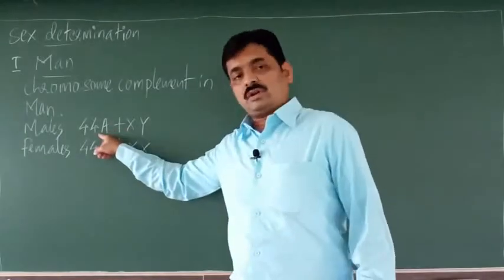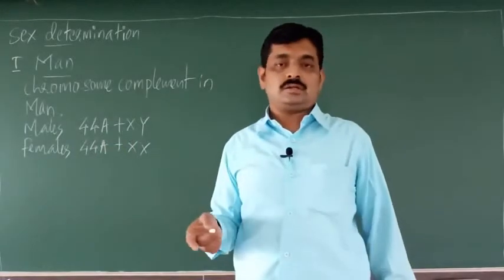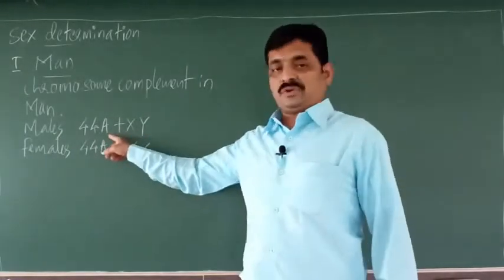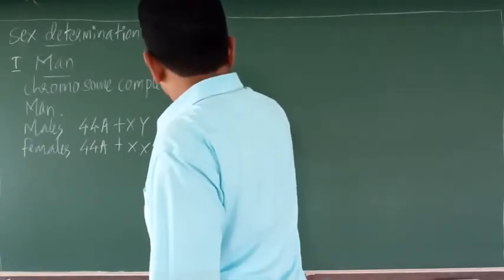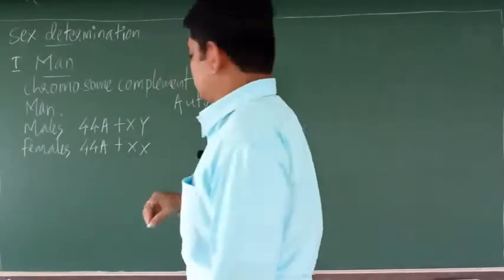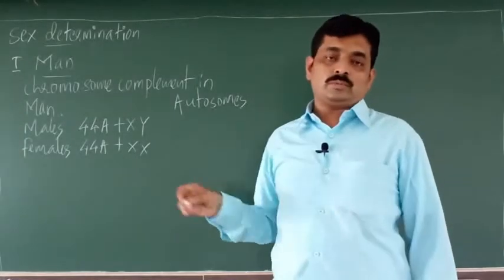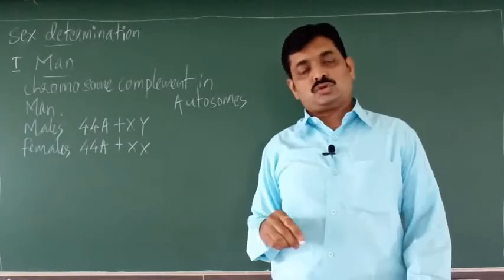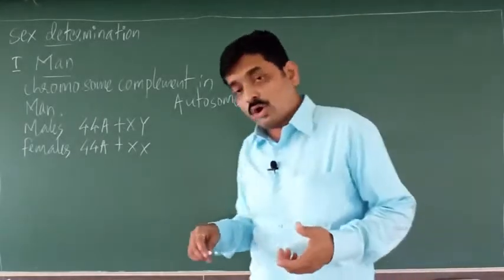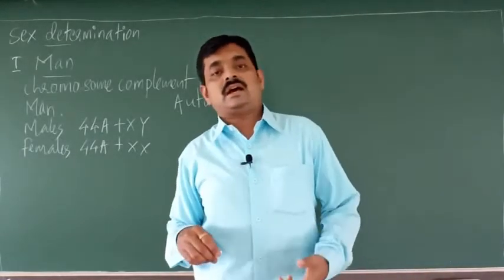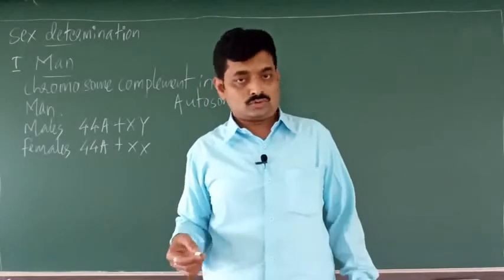Here in 44A, A indicates autosomes. There are 44 autosomes. Autosomes are the chromosomes which determine the body characters. All body characters are determined by autosomes.